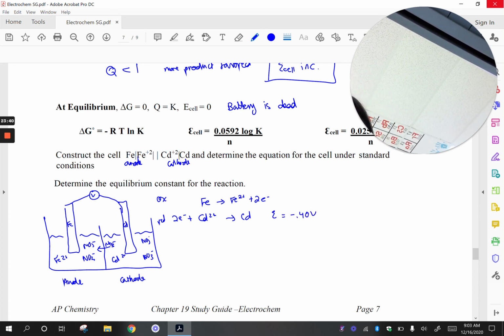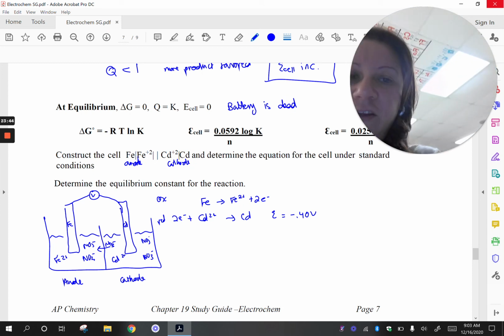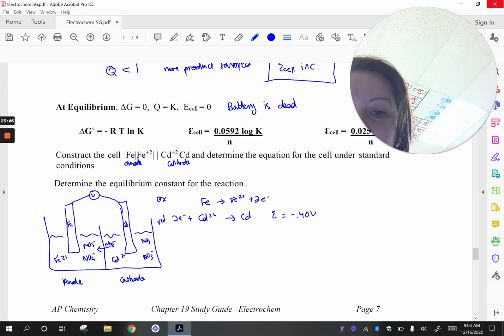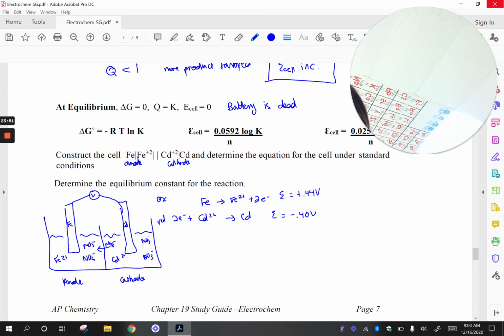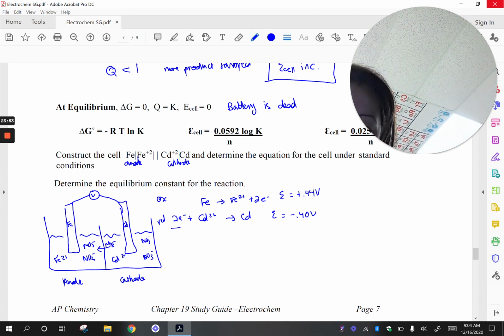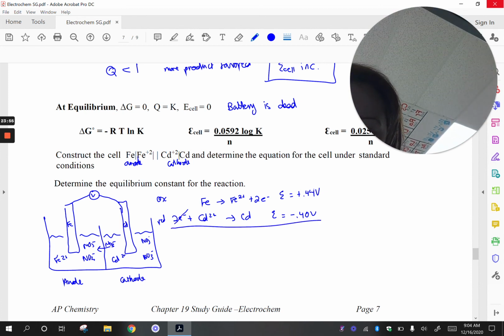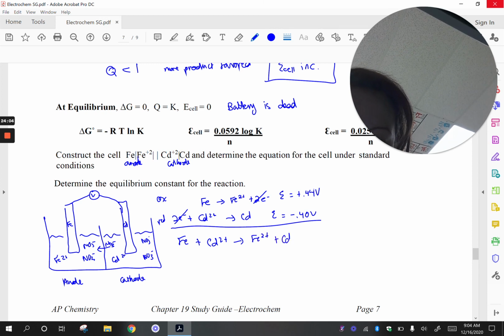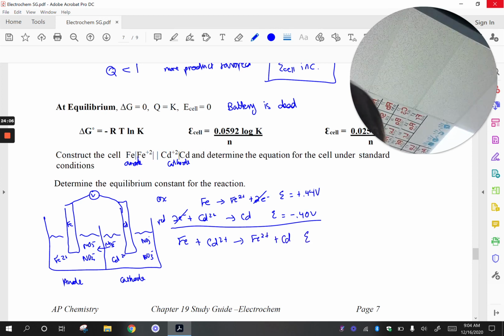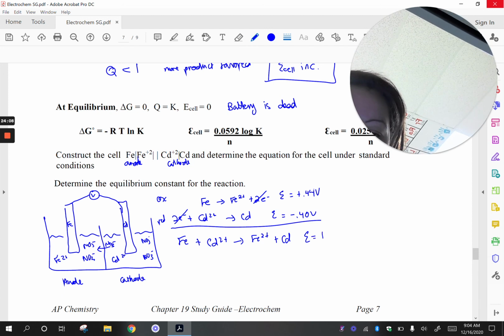For the iron, it is negative 0.44 volts, but if we're oxidizing it, then we flip it, so positive 0.44 volts. Electrons cancel. My overall equation is Fe plus Cd2+ yields Fe2+ plus Cd, and my cell potential is going to be positive 0.04 volts.